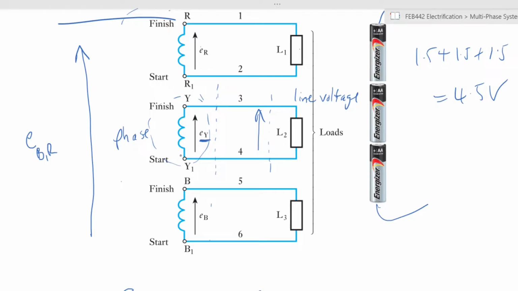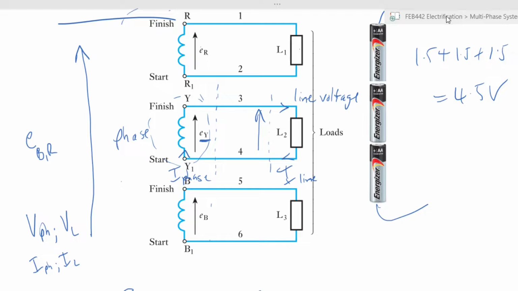Similarly, the current that will flow through, we usually denote current with I, the current that will flow through the windings is called the phase current, and the current that will flow through the load is called your line current, I line and I phase. So it is essentially V phase and V line, or you have I phase and I line.